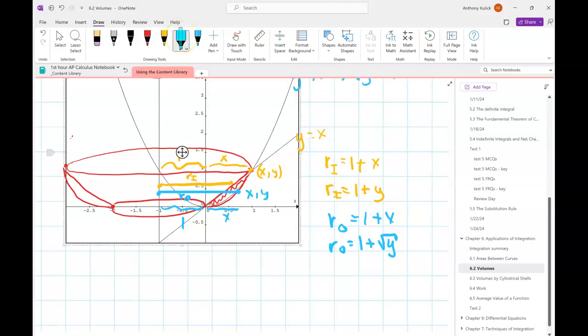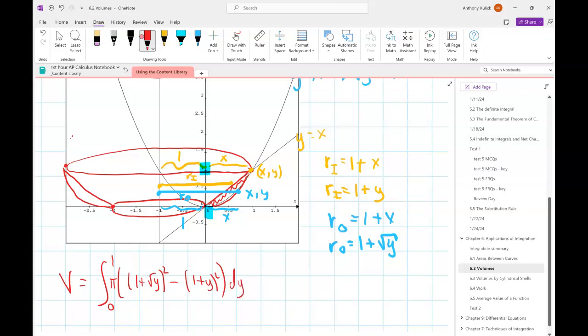Again, we're starting at the y-axis at 0 and we're integrating up to positive 1. So the integral from 0 to 1 of pi times r outer, 1 plus square root y, squared, minus r inner, 1 plus y, squared, dy.